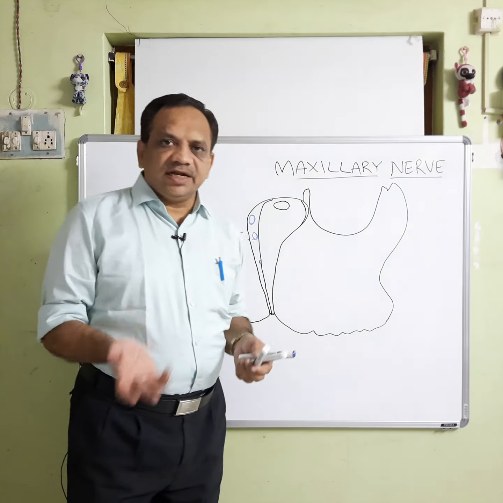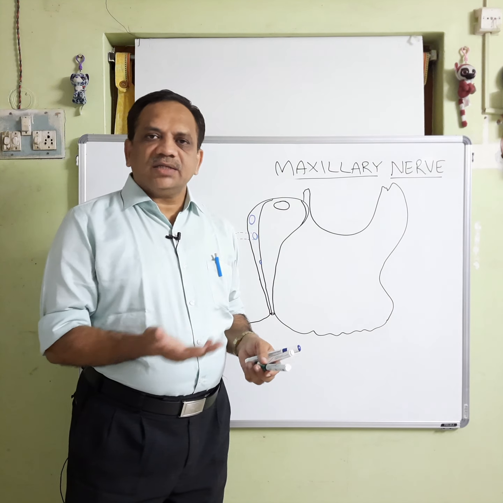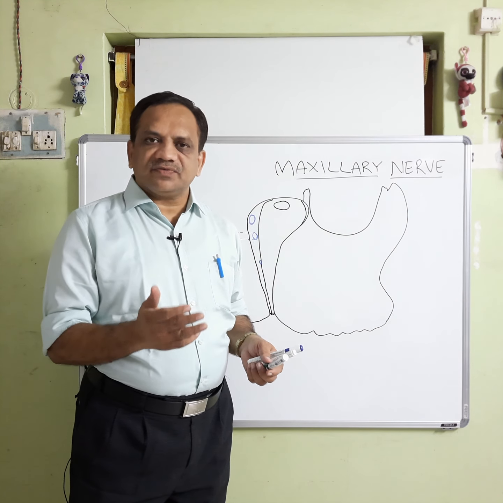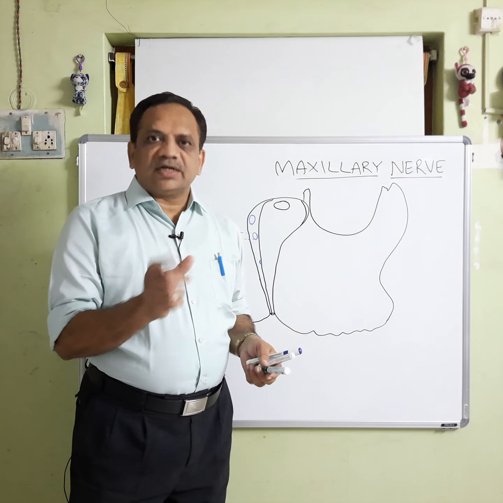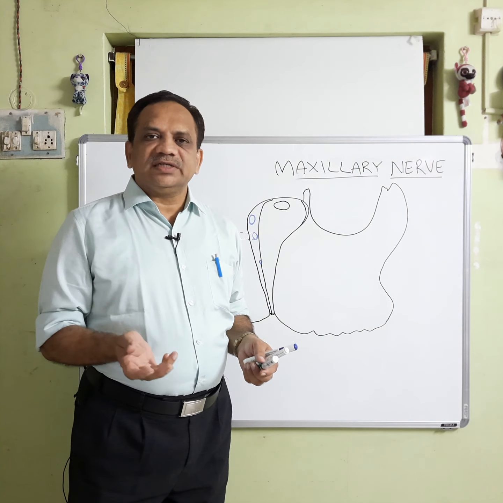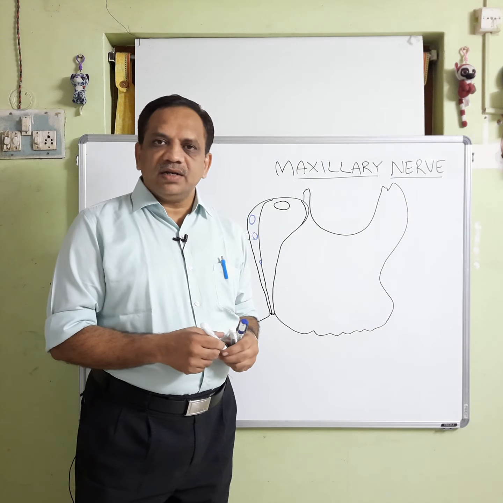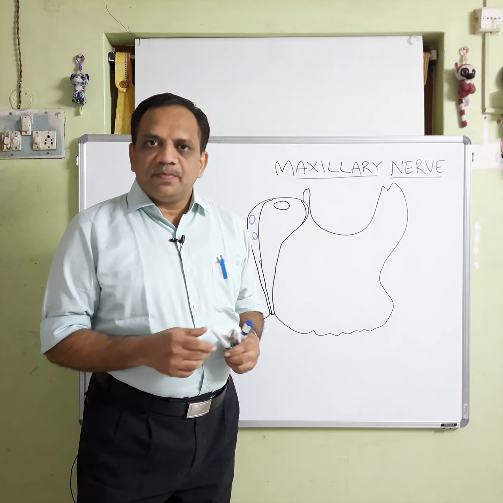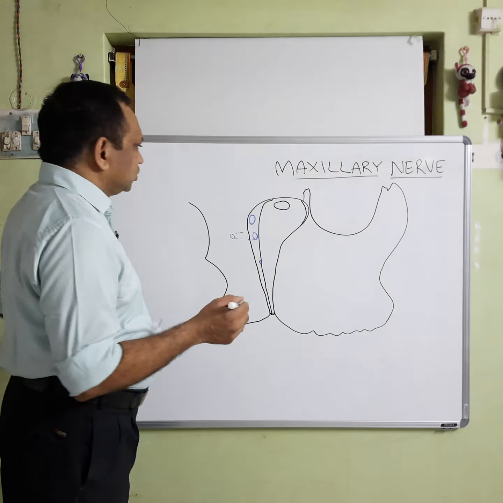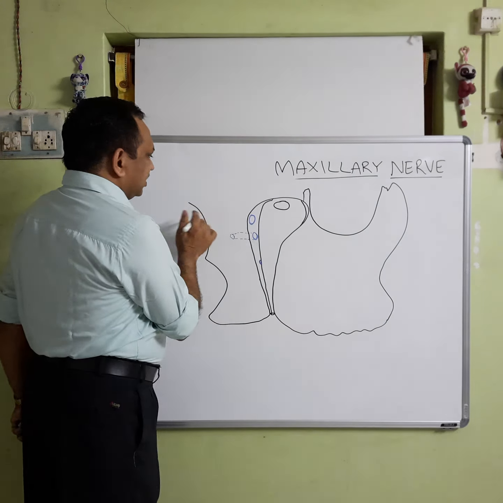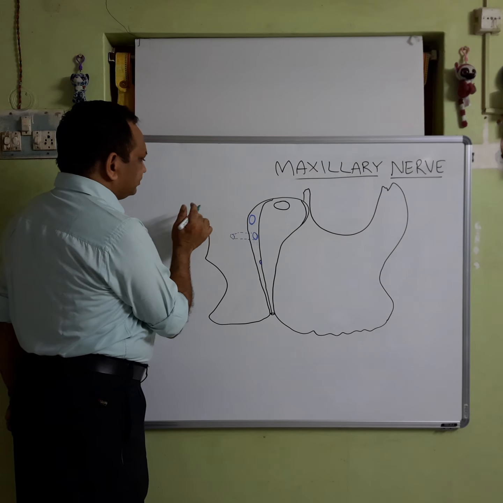You all know the maxillary nerve is a sensory nerve which is a branch from the anterior surface of the trigeminal ganglion, which is present in Meckel's cave at the apex of the petrous part of the temporal bone. So, it is present somewhere here in the middle cranial fossa.